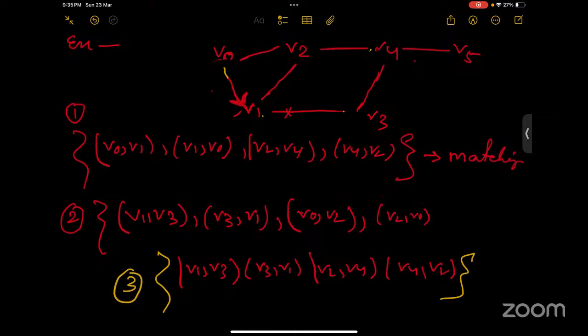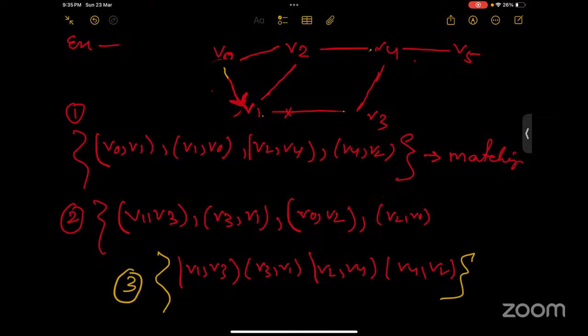Why? The matching should be a subset of E, right? There is no edge at all. So V1, V0 is not in the set E itself. Okay.